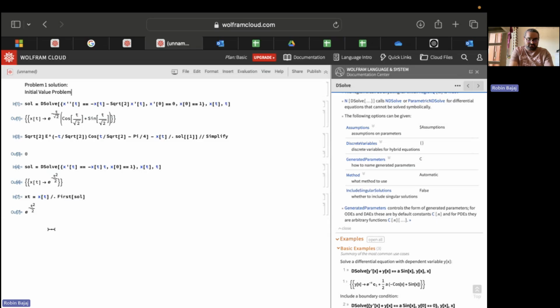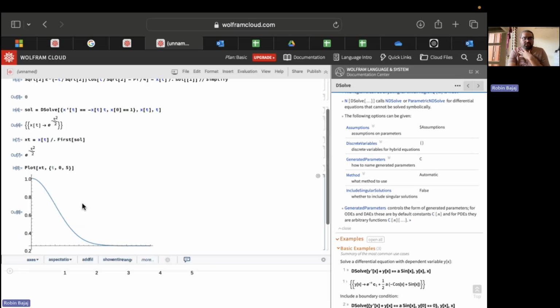Now I can plot this from t equal to 0 to 5. Plot x(t), comma t from 0 to 5. Yeah, you can add labels and all that, I just don't want to do that right now.